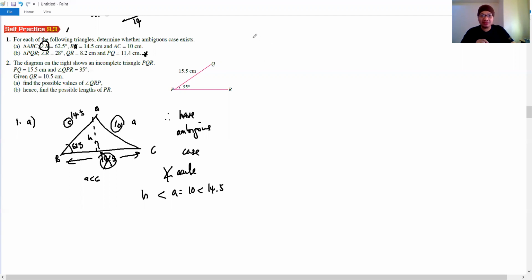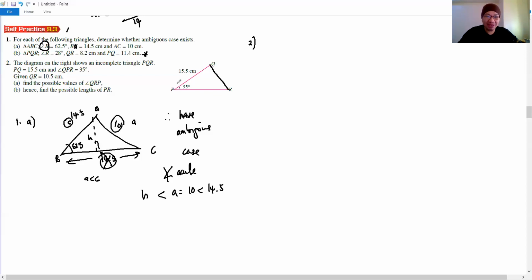How about number 2? Number 2. The diagram shows an incomplete triangle PQR. So you need to draw it to become complete. PQ is 15.5, angle QPR is 35. From the diagram we can see this is an ambiguous case.